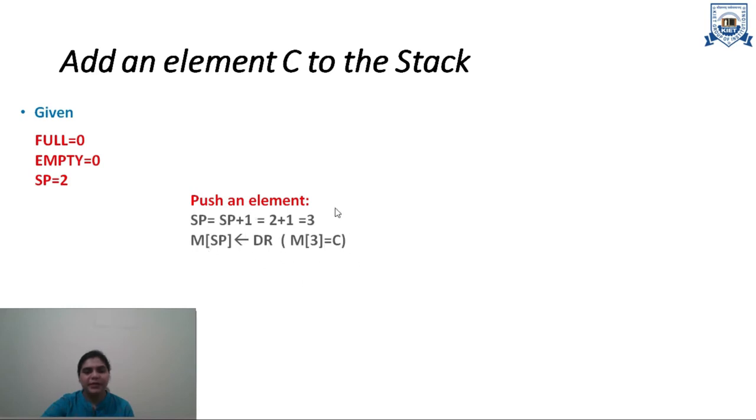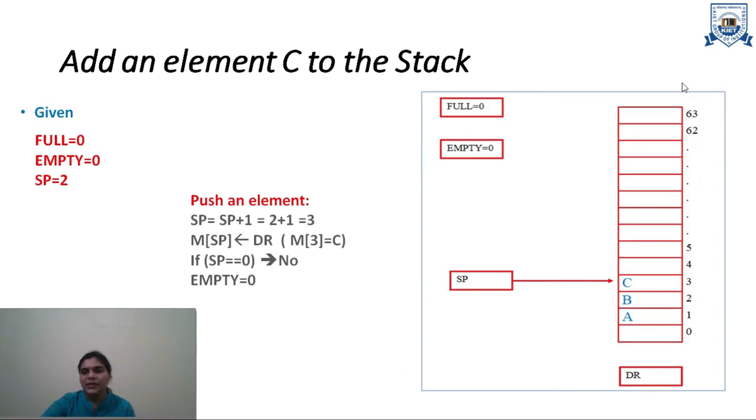C will be copied at address 3. Is SP pointing to 0? No. So the condition fails. Now empty will hold 0. As you can see here, C has been written at address 3 and it is the topmost element in the stack, because we can access the elements of the stack only by the stack pointer.